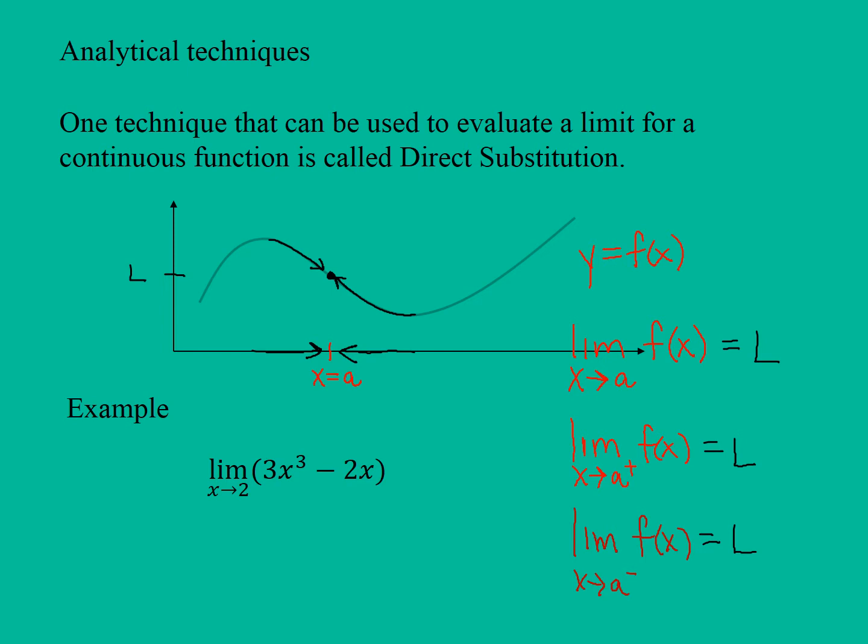Let's look at it analytically. So here we have the limit of 3x cubed minus 2x as x approaches 2. We do know that 3x cubed minus 2x is a polynomial function, and all polynomial functions are continuous everywhere.